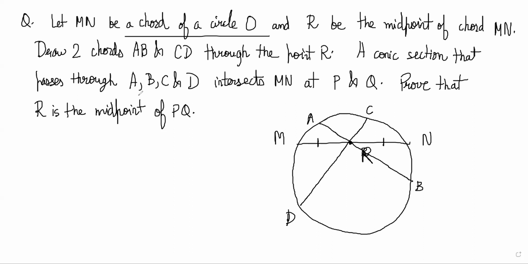A conic section that passes through ABCD intersects MN at P and Q. So it is possible that we can have a conic section that passes through A, B, C, and D, right? For example, you could have a hyperbola like this that passes through A, B, C, D. Let me draw it roughly like this.